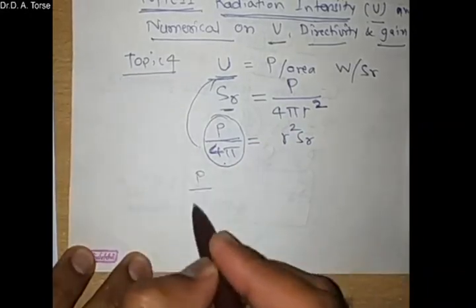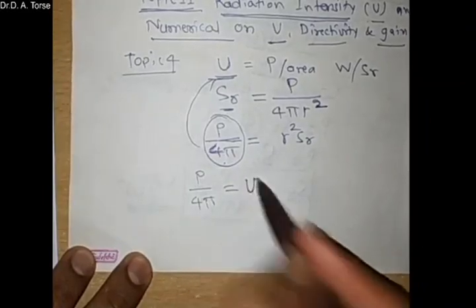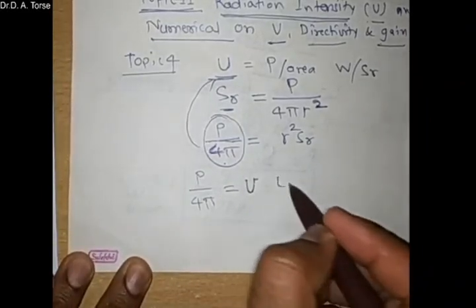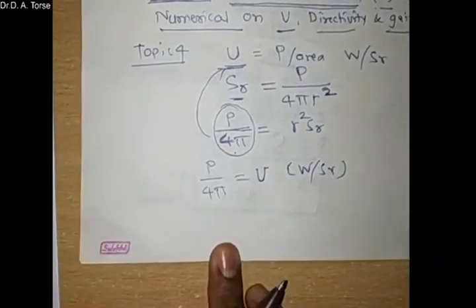So this term represents power per unit solid angle since 4 pi is solid angle subtended by a sphere. So we can call P divided by 4 pi as radiation intensity U, and its unit, as we mentioned earlier, is watts per steradian.